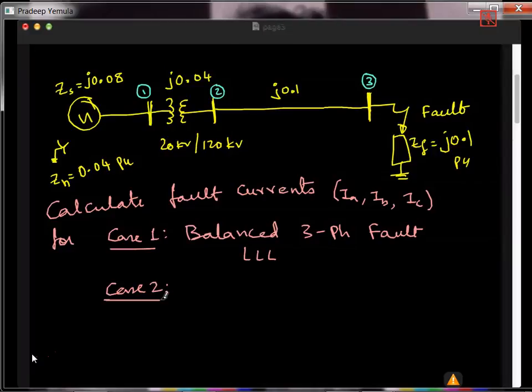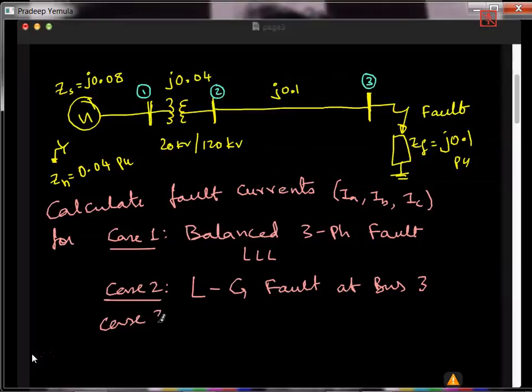Case 2: all the things that we have done. So this is an unbalanced fault, that is line to ground fault at bus 3.